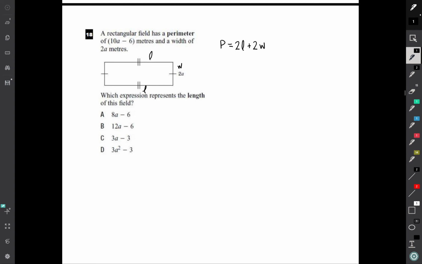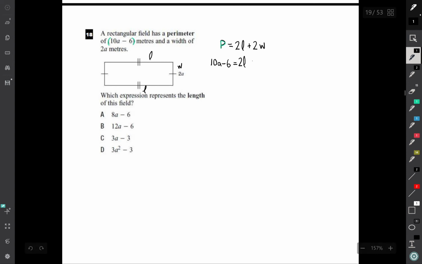Again, let's start by substituting in what we know. We know that perimeter can be represented by 10a minus 6, so let's replace P with 10a minus 6. We don't know the length, so there's nothing we can do there.